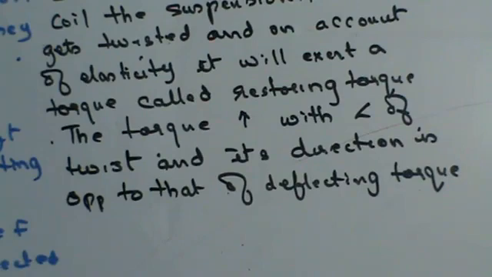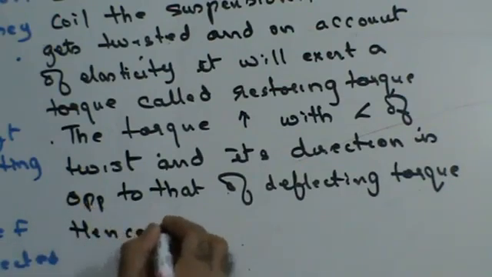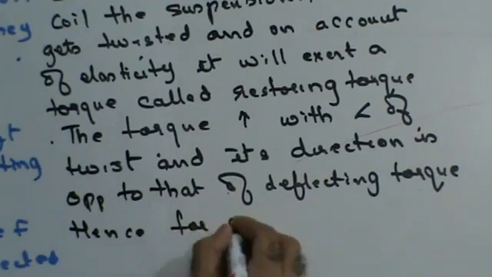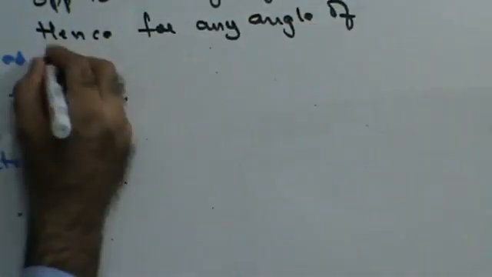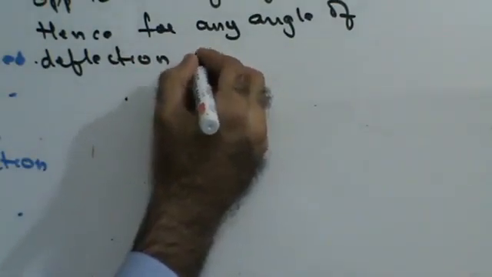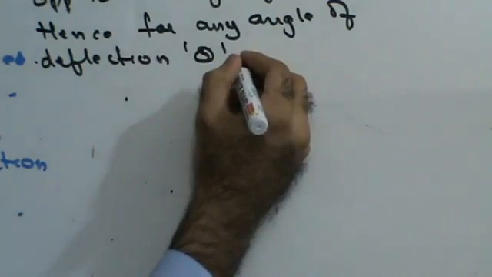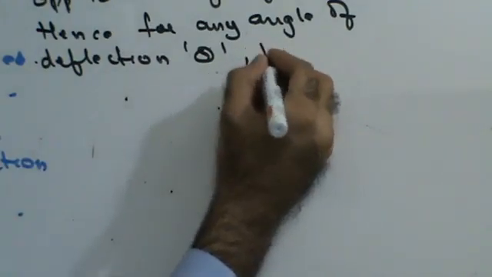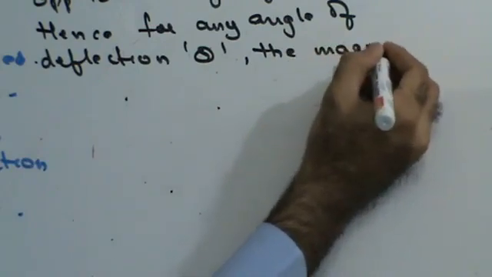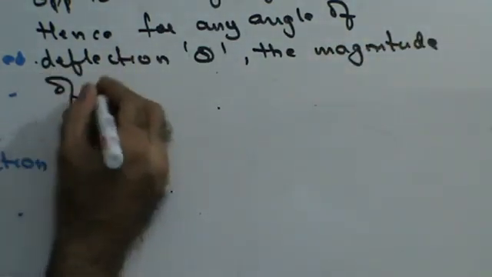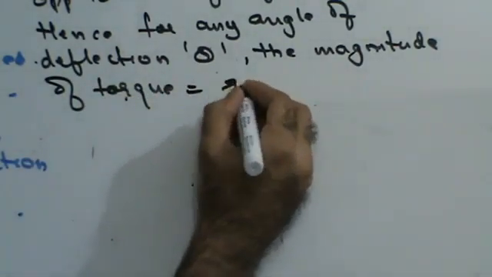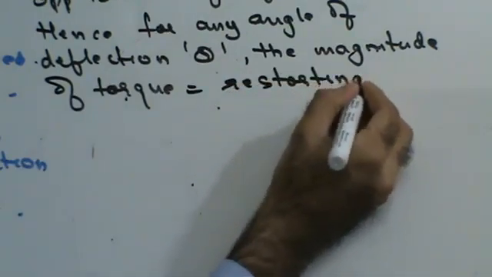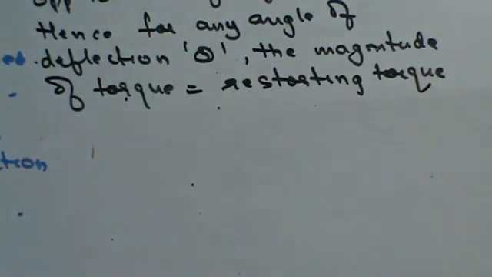So I can therefore say that hence for any angle of deflection, let us assume theta, any angle of deflection theta, the magnitude of the deflecting torque is equal to that of the restoring torque, right?